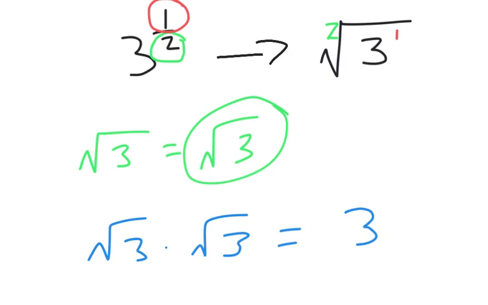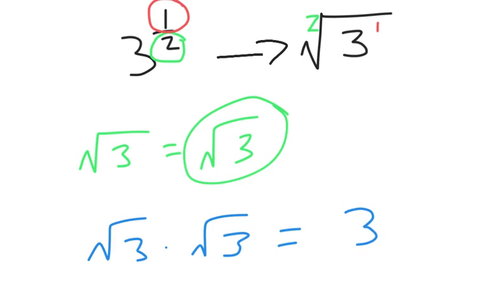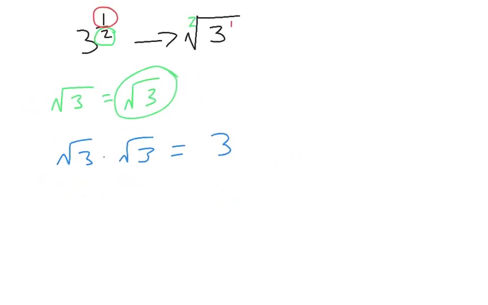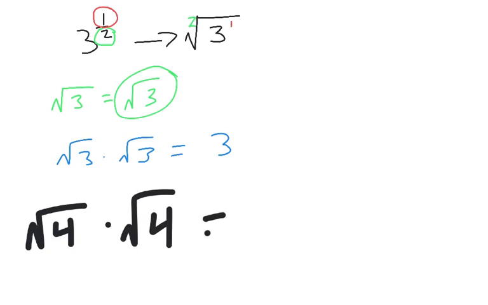Let me show it to you with a better number. The square root of a number times the square root of that number is going to get you the same number. If I did the square root of 4 times the square root of 4, which is 2 times 2, that's going to equal 4. The radicals cancel out.